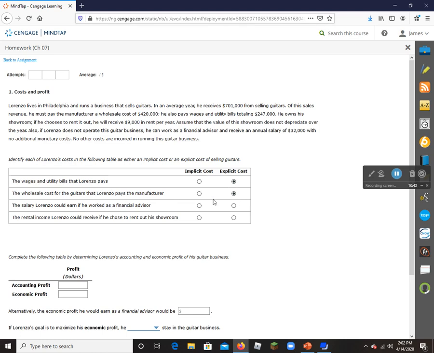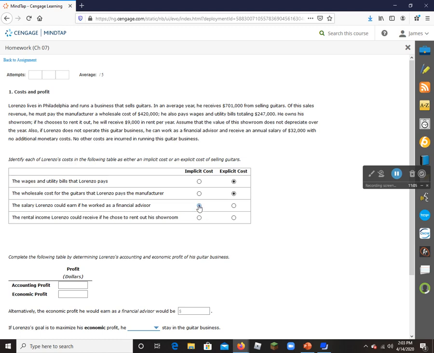We can count that. An accountant can count that. The salary Lorenzo could earn if he worked as a financial advisor. The accountant does not count that. There's no receipt, no bill. That's just if he didn't run the business, he could make that salary working for another company as a financial advisor. So that's an implicit cost.